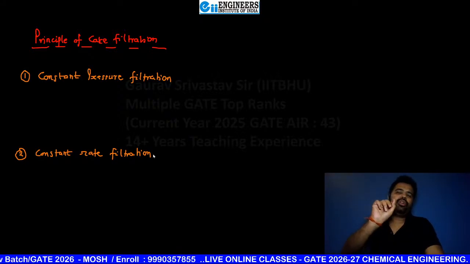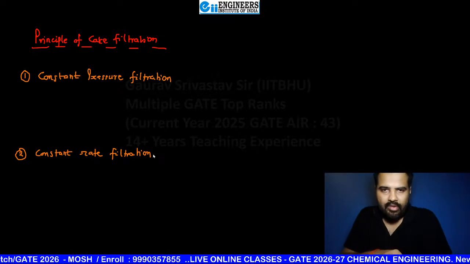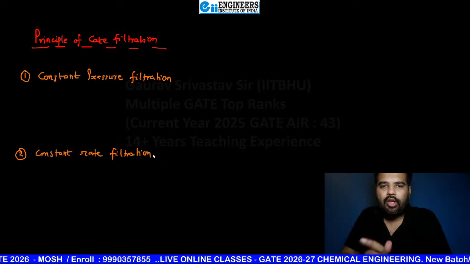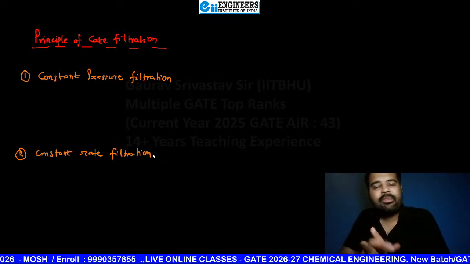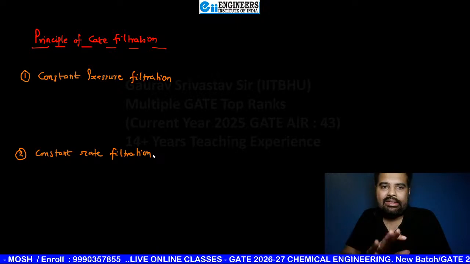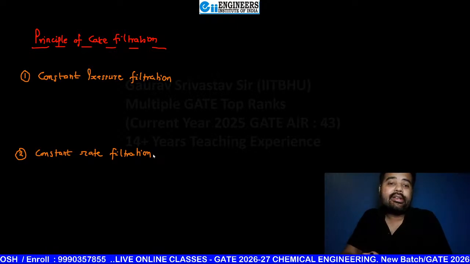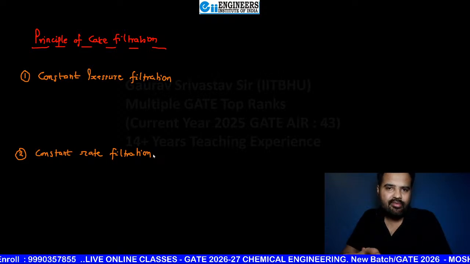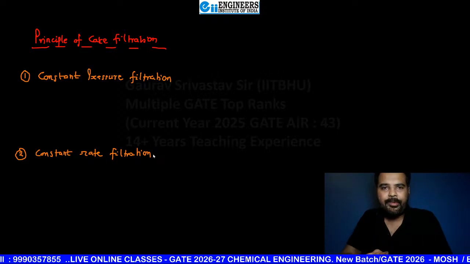Now I am going to explain in a little more clear words. Constant pressure filtration means the pressure on both sides is constant; you are not going to change the pressure.